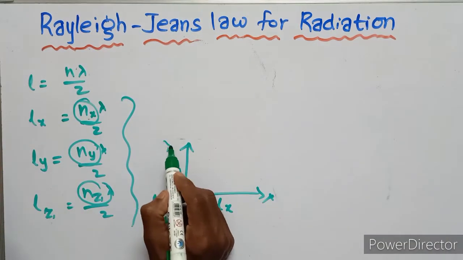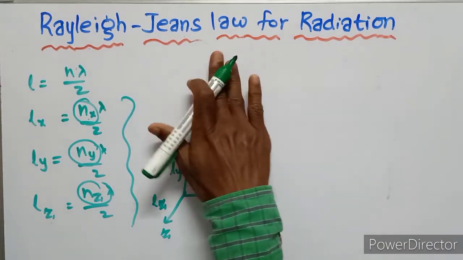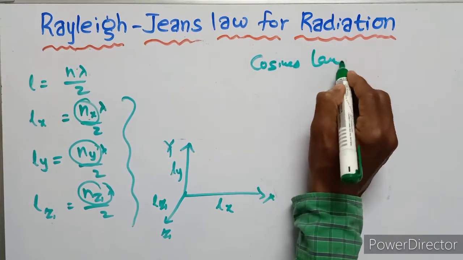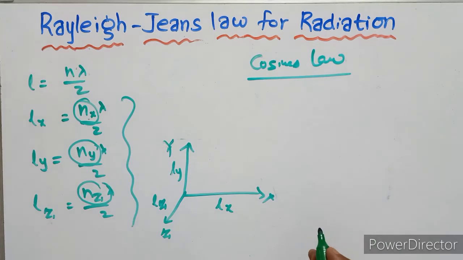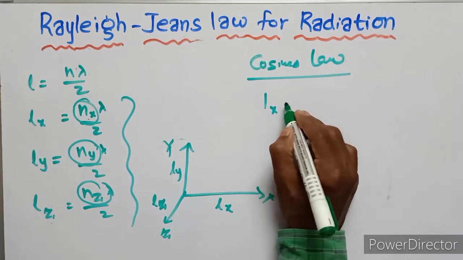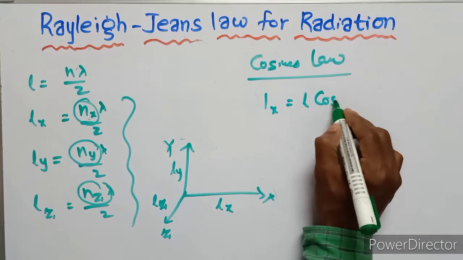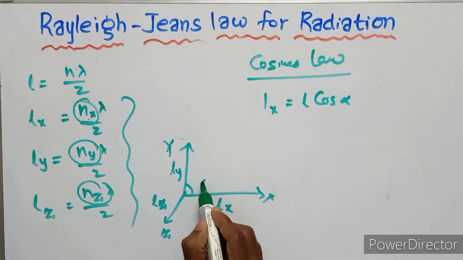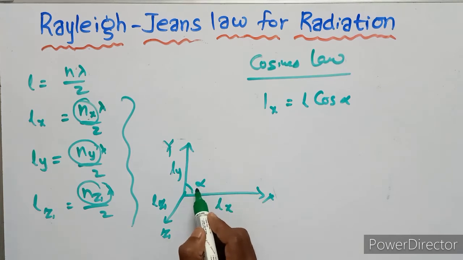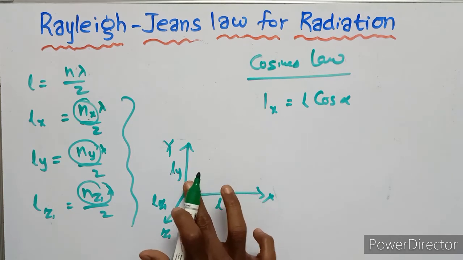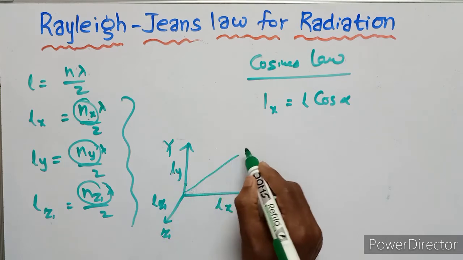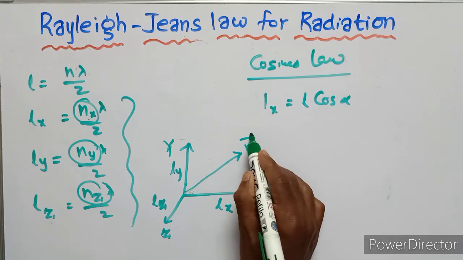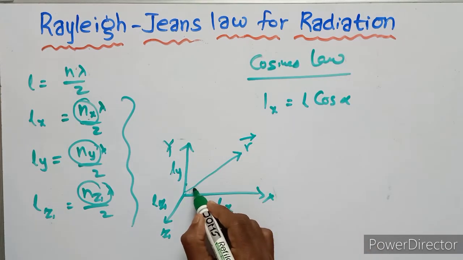From this diagram, we know the cosine law. That means Lx equals L cos alpha, because this is the L, the angle of inclination. This is the R, that means R is the vector.